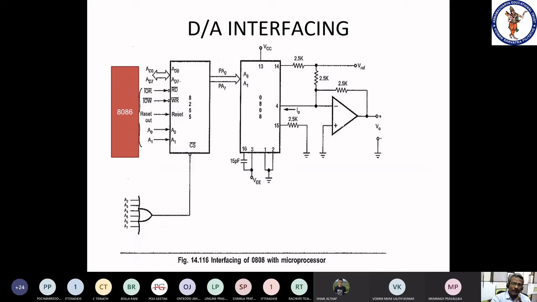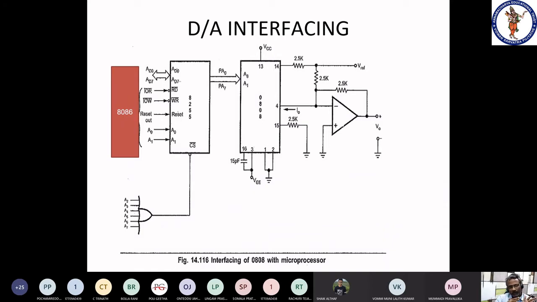The second point is to identify whether that port acts as an output port or an input port. The digital data is received by the D2A converter. Who sends the data? The processor sends the data to the 8255, which is connected to the 0808 digital to analog converter, and it automatically generates the output.